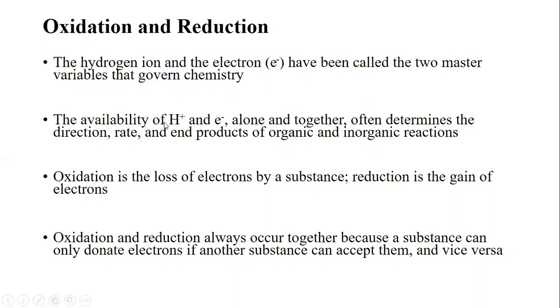Each one of them alone or together often determines the direction, which way the reaction will go, to the right or to the left as we write it, the rate, how fast that reaction will go, and the end products.